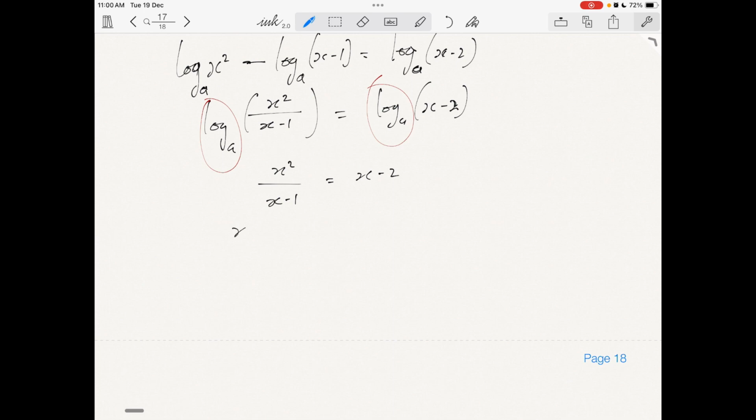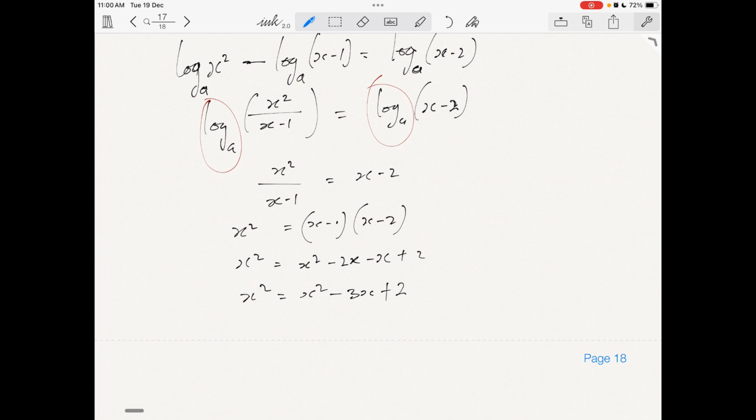Okay, so we cross multiply. In this case we have x squared is equal to x minus 1 times x minus 2, so our x squared will be equal to x squared minus 2x minus x plus 2, so x squared is equal to x squared minus 3x plus 2.